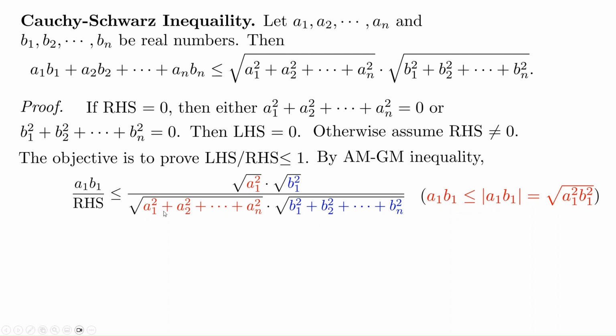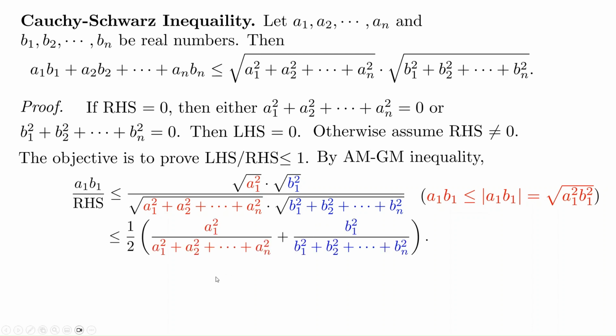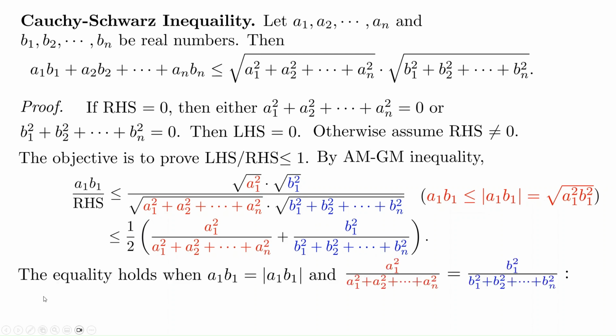So it is the square root of the red expression times the square root of the blue expression. This is simply the geometric mean of the red expression and the blue expression. So by the AM-GM inequality, it is less than or equal to the arithmetic mean of the two expressions.